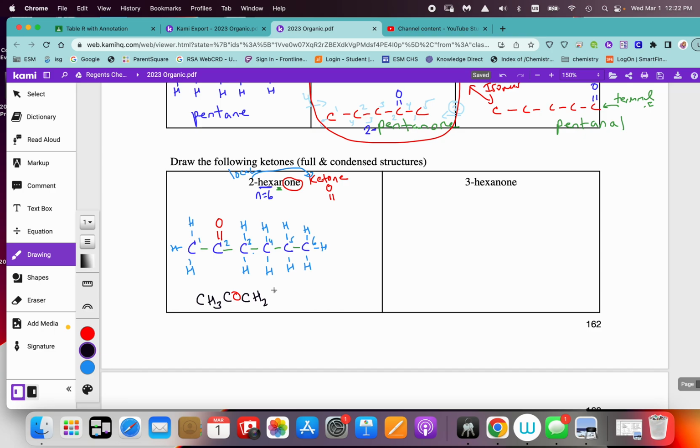Carbon 4 has 2 hydrogens attached to it. Carbon 5 has 2 hydrogens attached to it. And our last carbon, carbon 6, has 3 hydrogens attached to it. So when we take a look at this condensed formula, here we see that sequence of C-O-C that we look for to help us recognize a ketone.